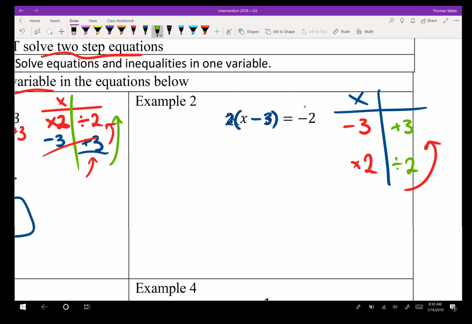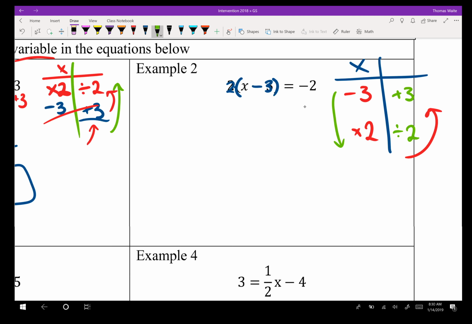To undo it, I need to divide, then add. So if I divide both sides first by 2, that allows me to nicely get rid of that 2 before we move on. And I get x minus 3 equal to negative 2 divided by 2, which is negative 1. Okay, so that takes care of our first step. Then our second step would be to add 3.